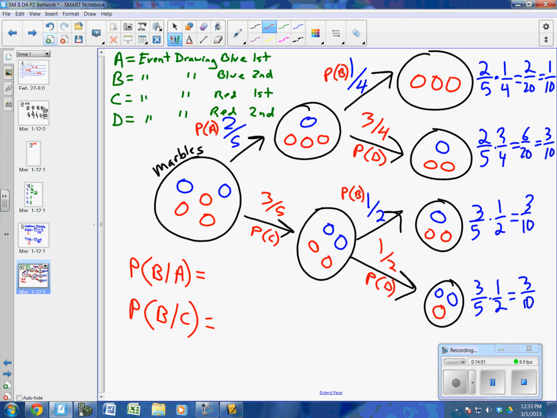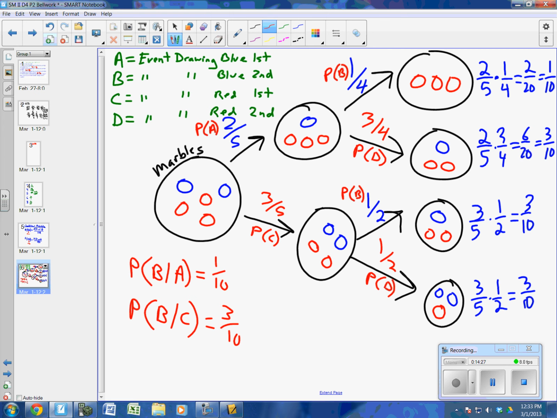C is the event that you drew a red one first, and B is the event that you drew a blue one second. It'd be 3 out of 10. Why? Yeah, it's this one and this one, right? I want to know the probability of B given that C happened. That's the probability of B given A happened, right? Got it?